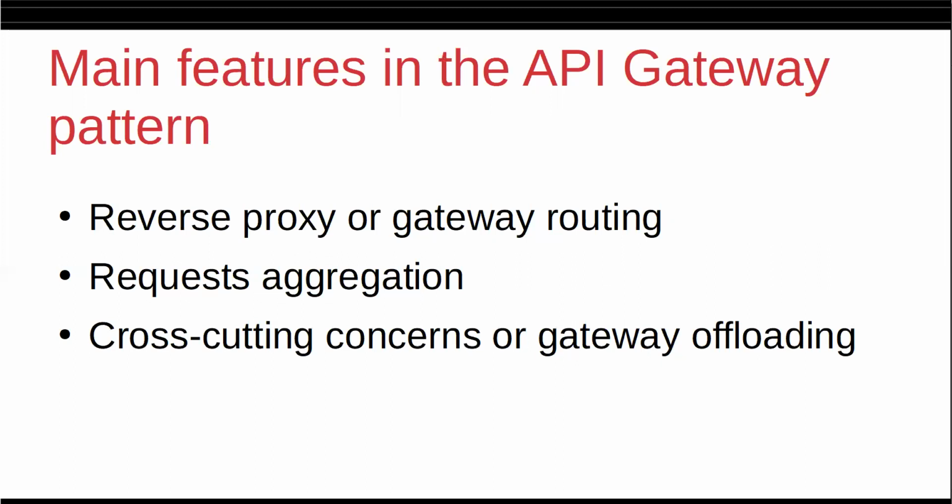With this approach, a client can send a single request to the API gateway that dispatches several requests to the internal microservices and then aggregates the results and sends everything back to the client app. The main benefit and goal of this design pattern is to reduce the chattiness between the client apps and the backend API.